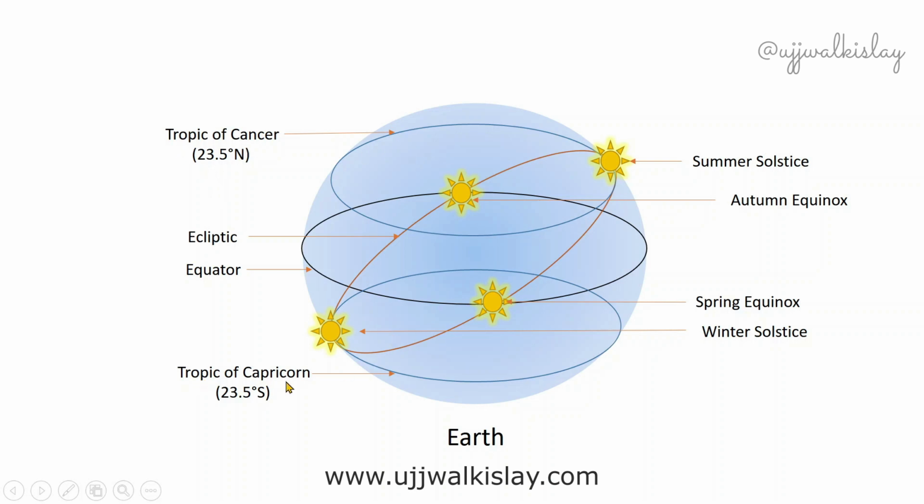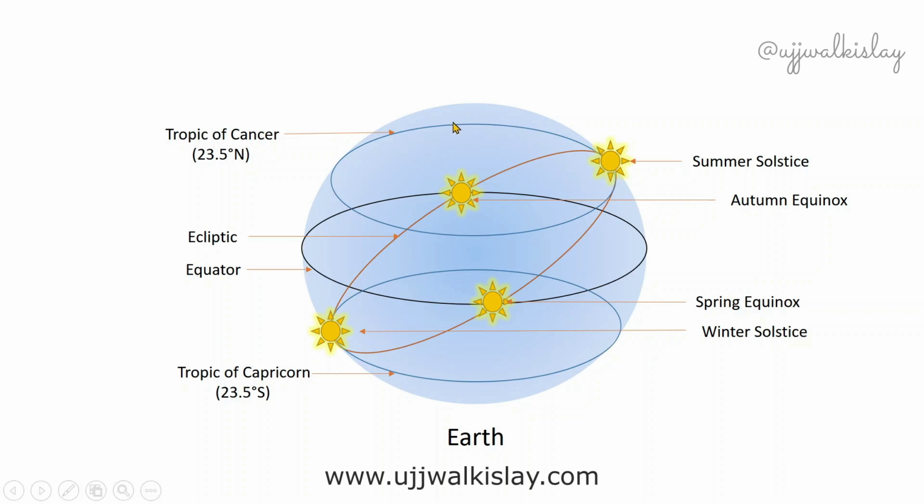Similarly, we have Tropic of Capricorn at 23.5 degrees south. This is the ecliptic, the annual path of the Sun. As you can see, the ecliptic is inclined to equator.